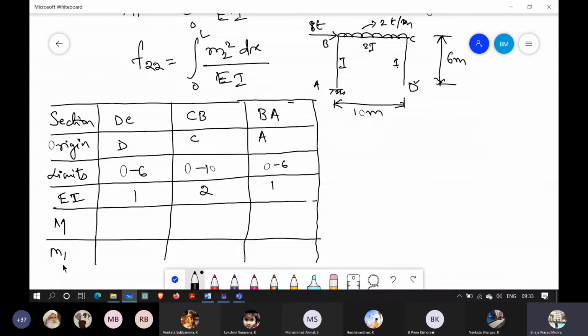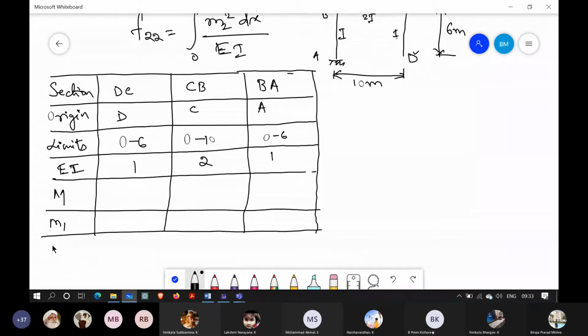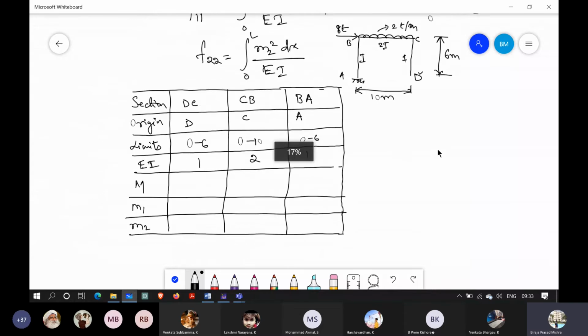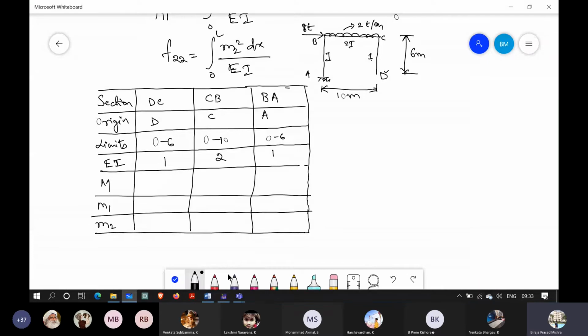Next one is small m1, and the next one is small m2. I'm again drawing the same structure, zooming out. This M value we are supposed to determine from here.